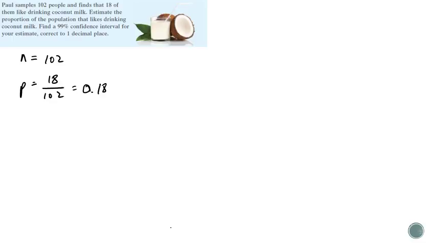So now I want a 99% confidence interval, which means if you have a normal distribution like this, the middle will be 99%. But remember, our z-scores, or any score that you find for a normal distribution, doesn't calculate anything in between.